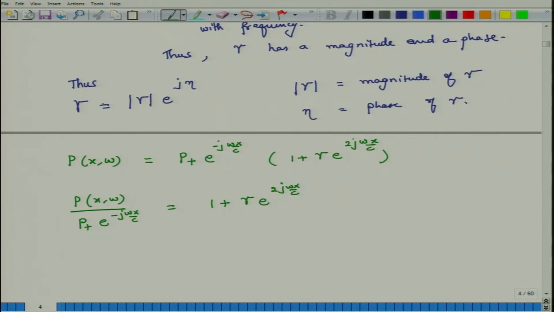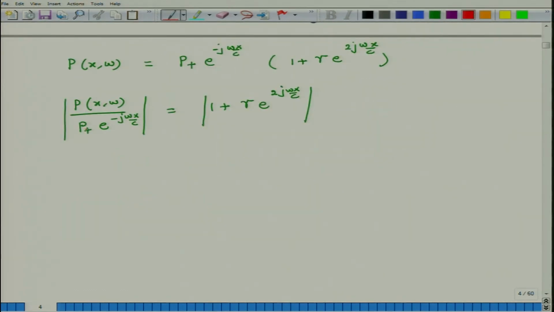And then I take the modulus of both sides. On the left side I have a numerator and a denominator, and the modulus of the entire thing is the modulus of the numerator divided by the modulus of the denominator.